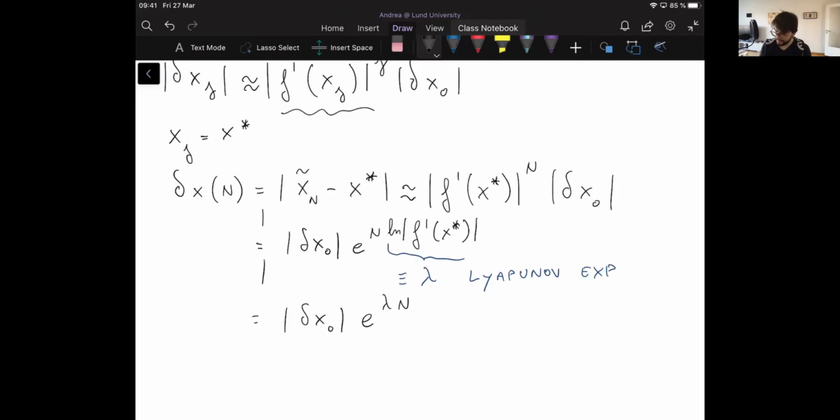Of course, for most maps, lambda needs to be calculated numerically. And since in most practical applications your solutions are also calculated numerically, and lambda is an exponential, it's not trivial to calculate because these quantities grow apart very, very fast.